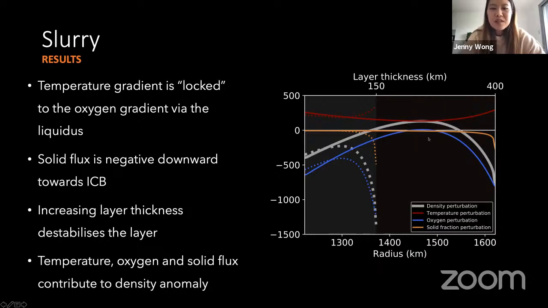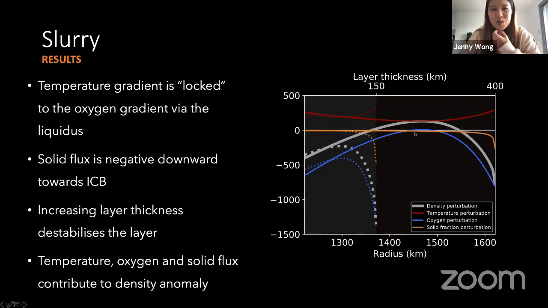I think the influence of the solid perturbations is not quite significant, probably because overall there's not much solid in a slurry layer. But it's related to this liquidus constraint, in which there is a balance to be had between the effects of oxygen and temperature. So there is more to be done.